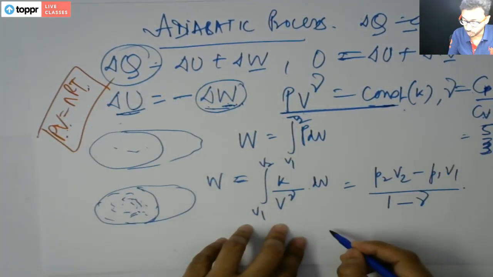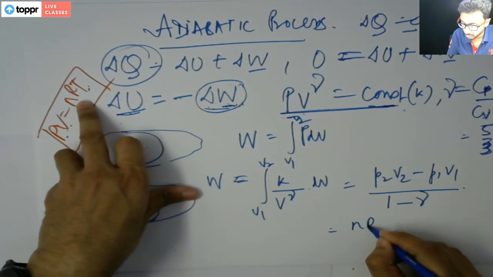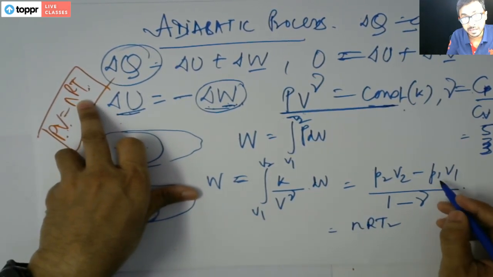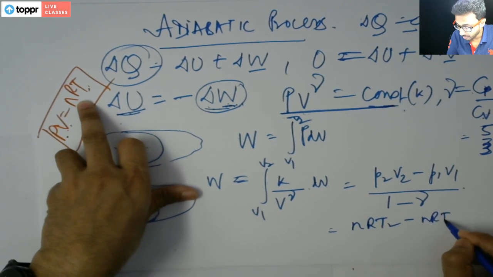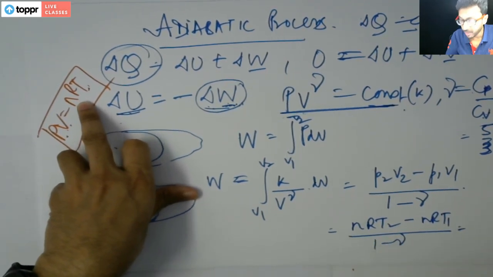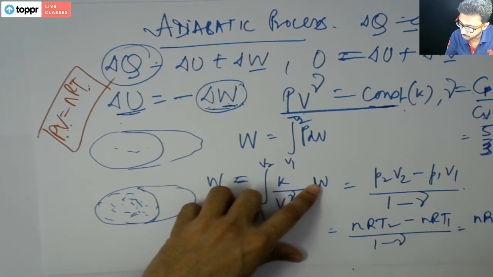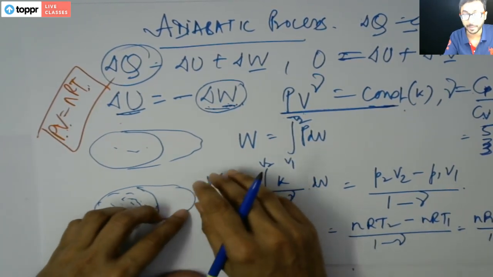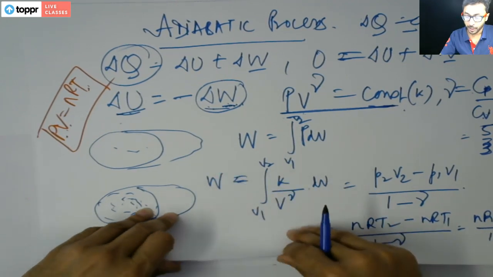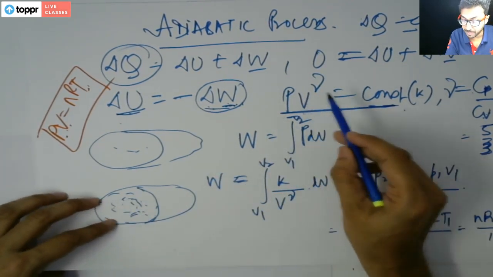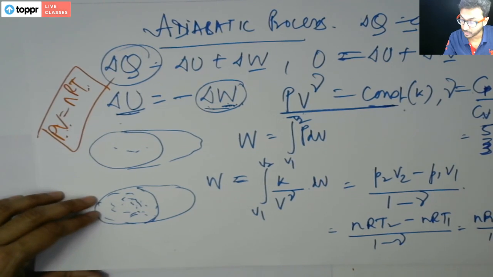So P2 V2 we can write as nRT2, and this is nRT1, over 1 minus gamma. So work done equals nR(T2 minus T1) by 1 minus gamma. Got the point? Okay.